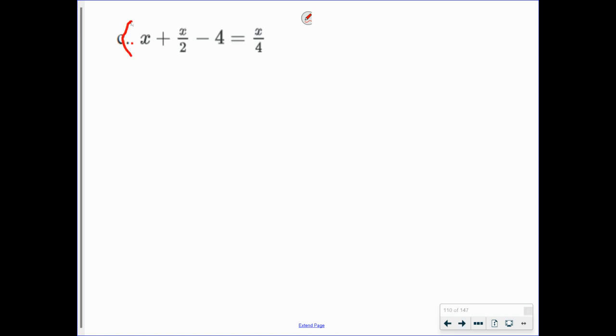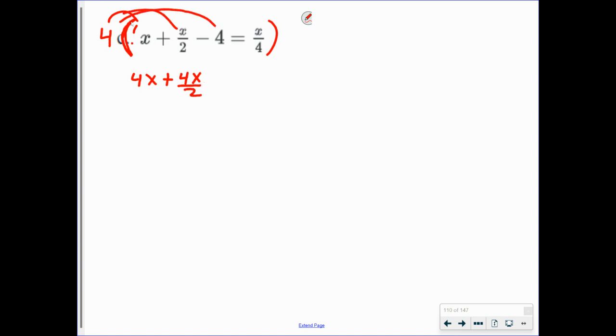First, again, the goal is to multiply everything by something that will cancel out the fractions. In this particular case, we have a couple options, but the best case scenario in this situation would be to multiply everything by 4. Common denominator, 4 and 2. So 4 times x is 4x. 4 times x in this case becomes plus 4x divided by 2.